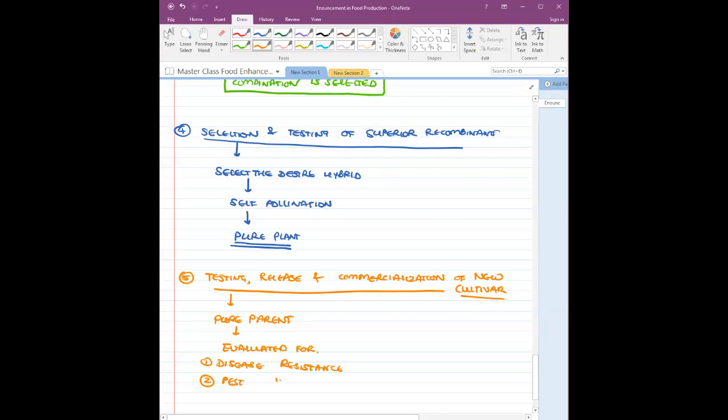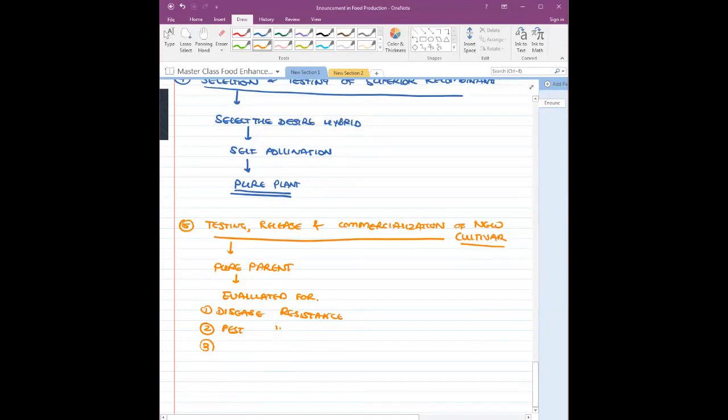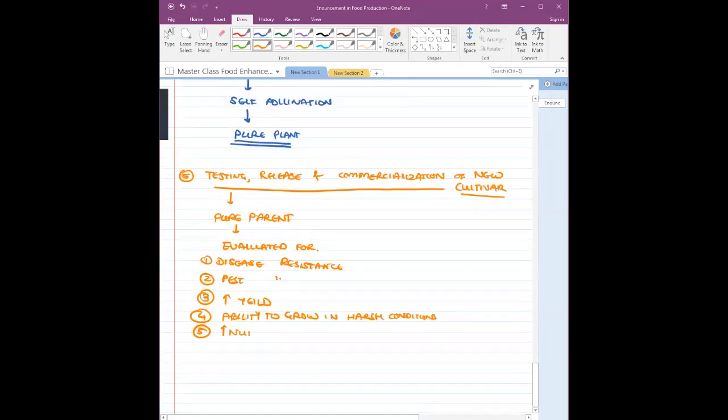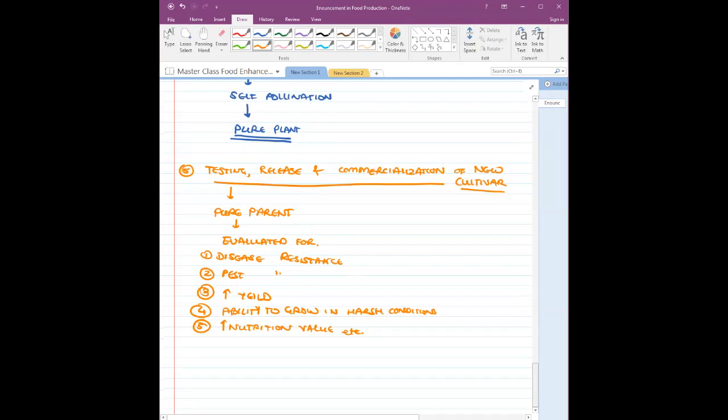Or it can be superior quality, like increased yield, or the ability to grow in harsh conditions, etc. Or maybe increased nutrition value, etc. So we are going to look for all these things.